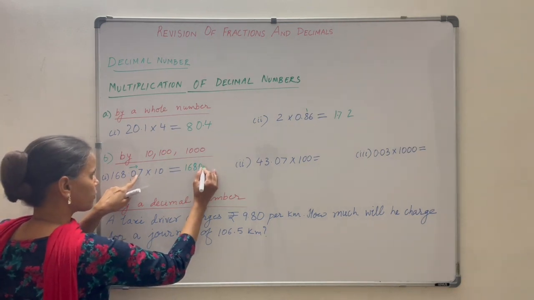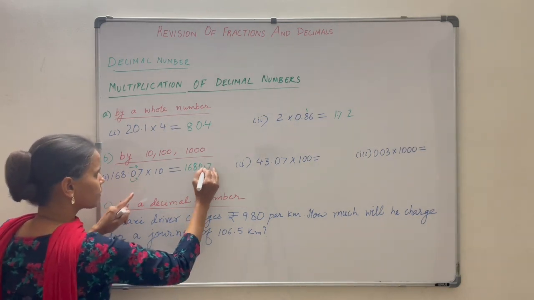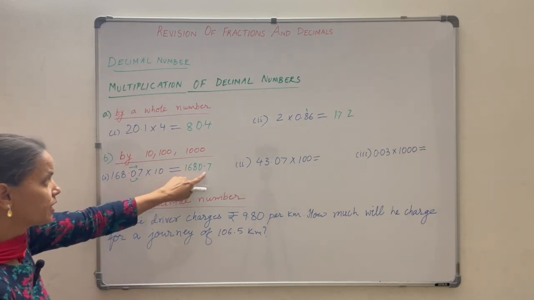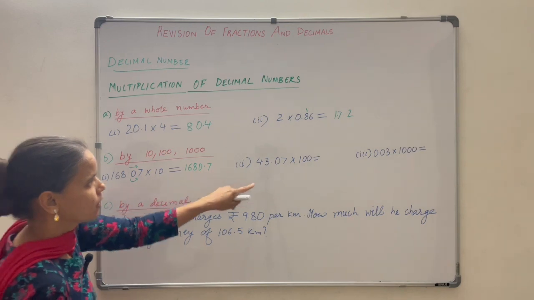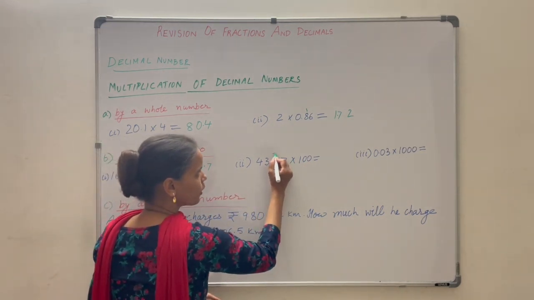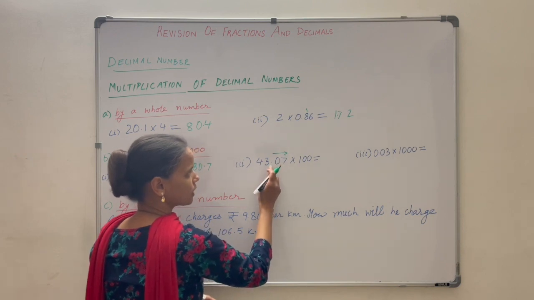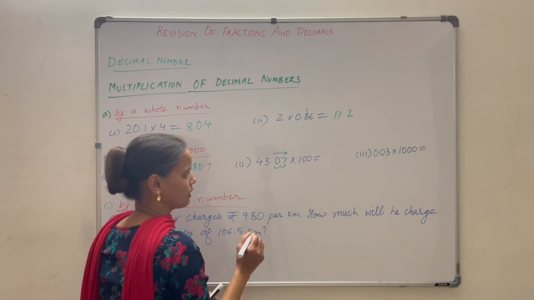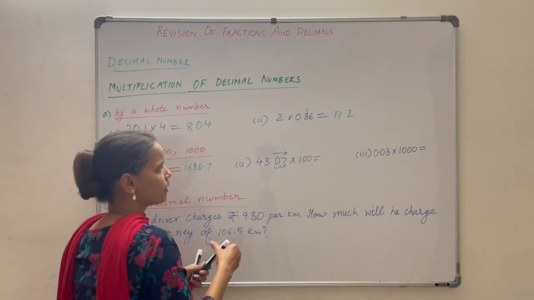Now this decimal point will come here. So it will be 0.7. So this is 1680.7. Now here in 100, how many zeros are there? 2. So decimal point will move 2 digits this side. So it will be 1, 2. Decimal point will come here. So what is the number you are going to get?